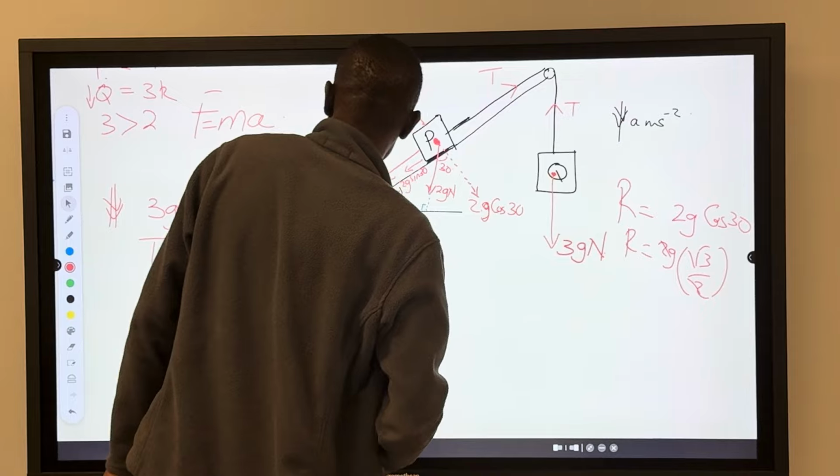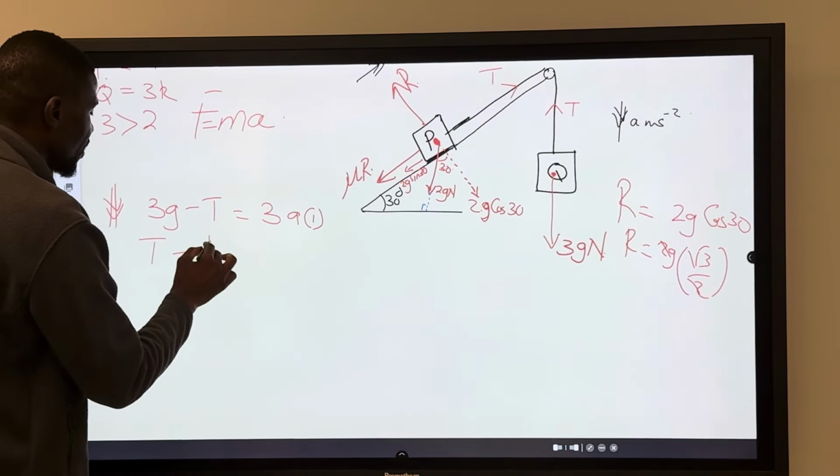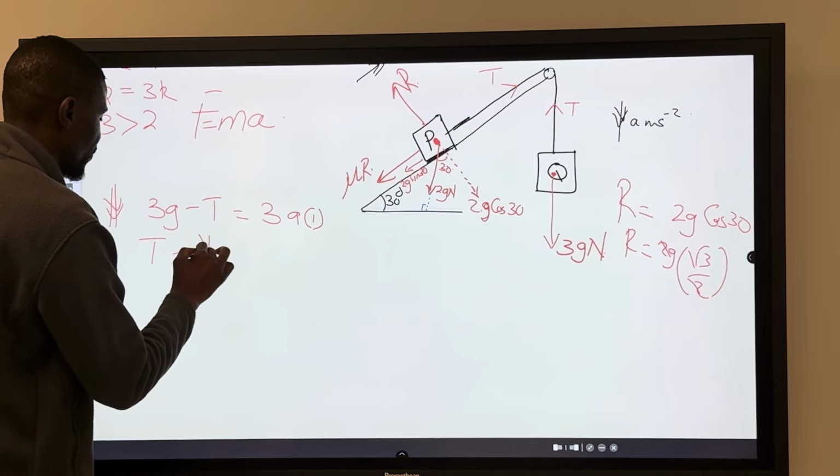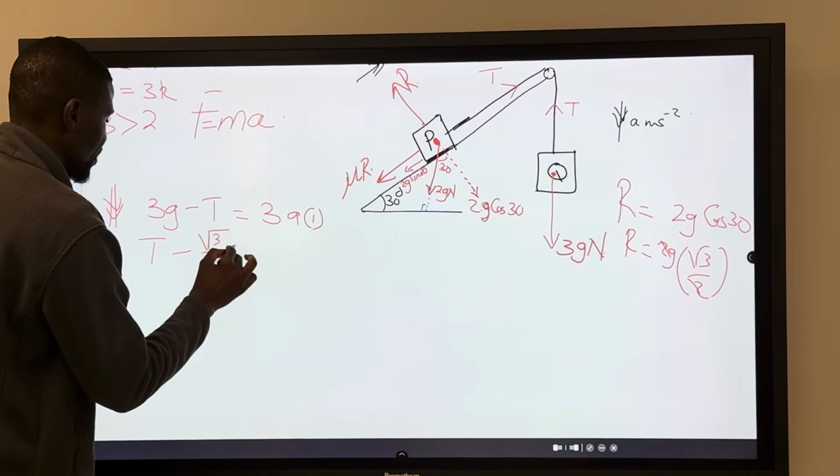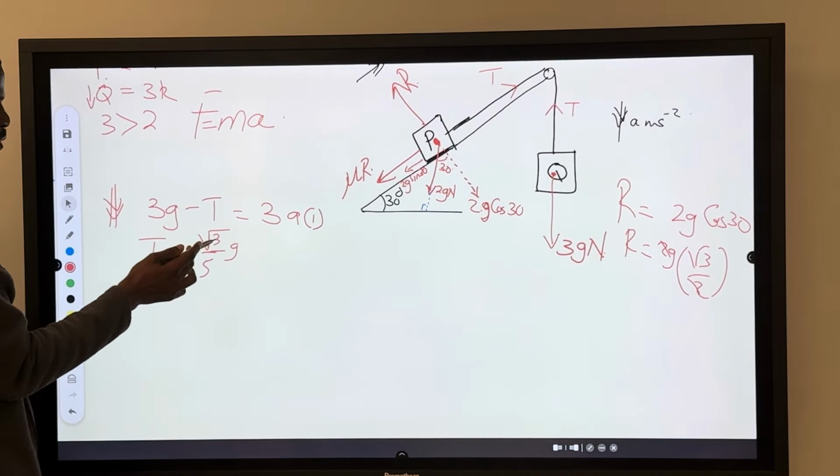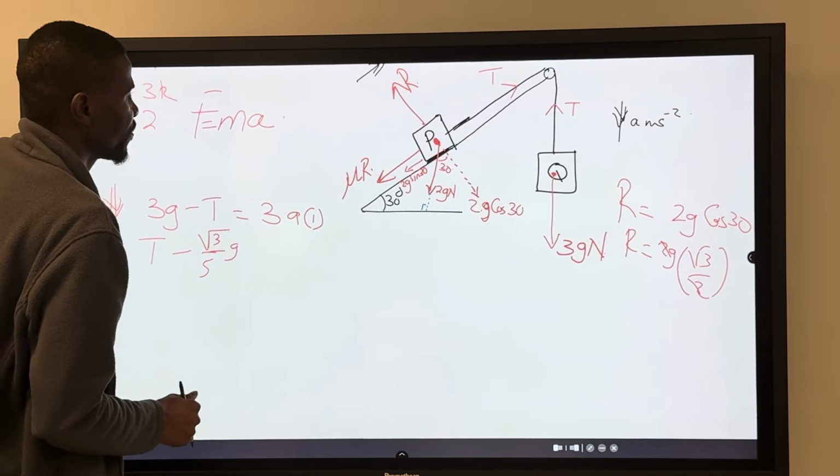So our R is root 3 g. So mu R is root 3 over 5, g there.